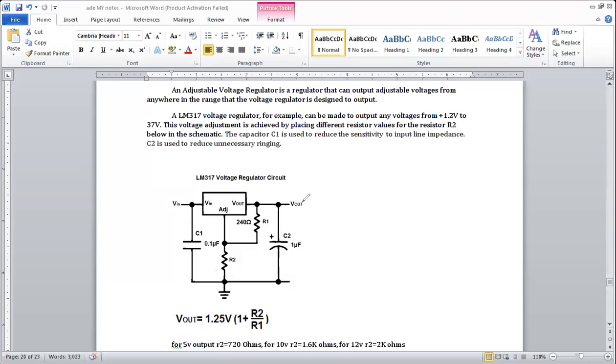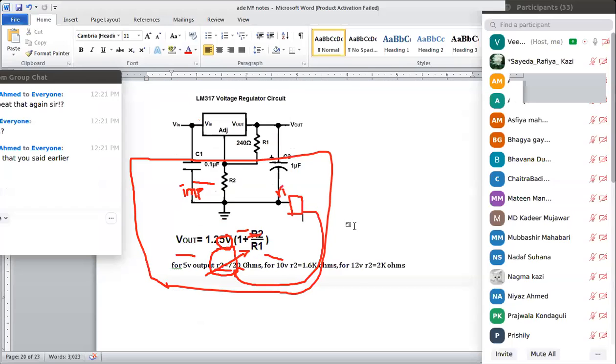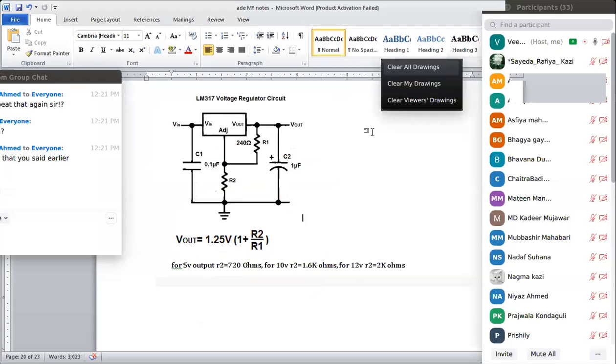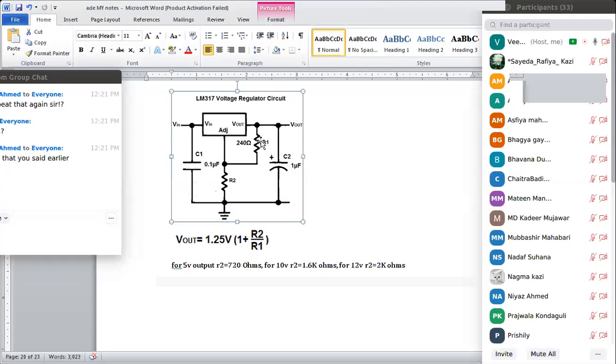So my output is depending upon the value of R2. How come? I have a formula for this circuit: the output voltage is going to be 1.25 volts times (1 plus R2 by R1).